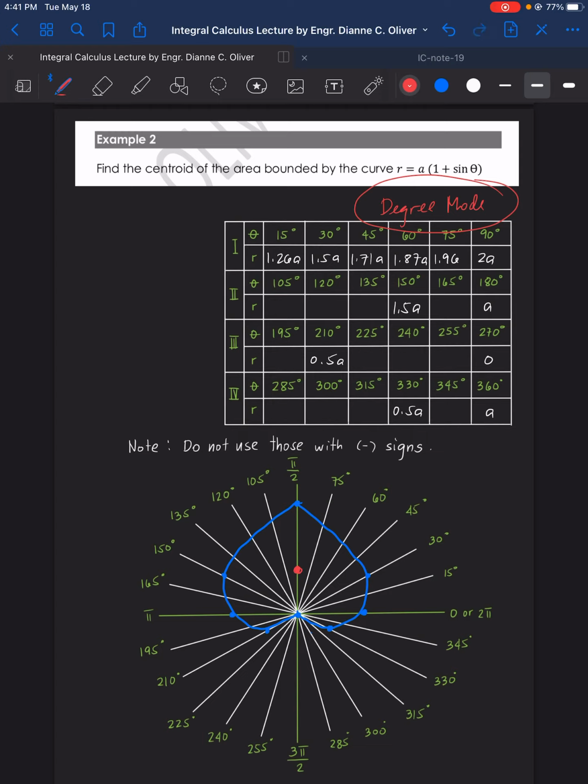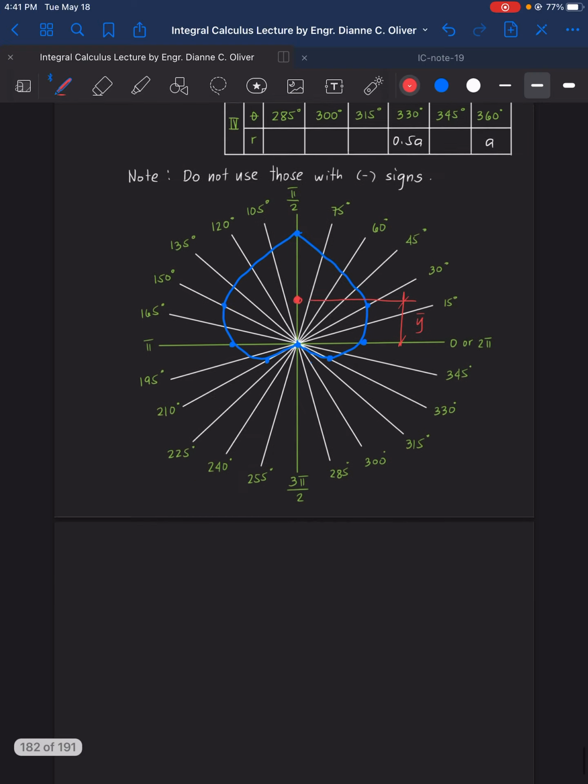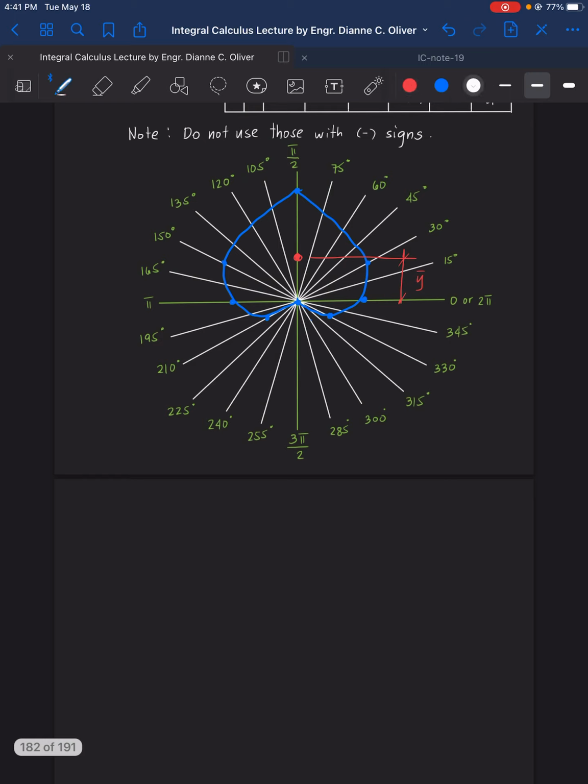So there is no problem in locating the x bar, because by inspection x bar is 0. What we will need to solve now is the y bar. To get the y bar, let's first solve for the area. So area is equal to 1/2 integral of r squared d theta from alpha to beta.